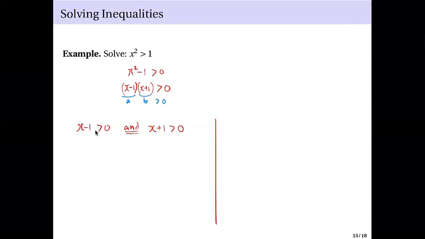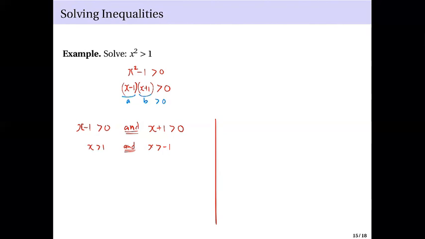From here, we have x greater than 1, and then the and, x greater than negative 1. So we want all x's that satisfy these two inequalities.